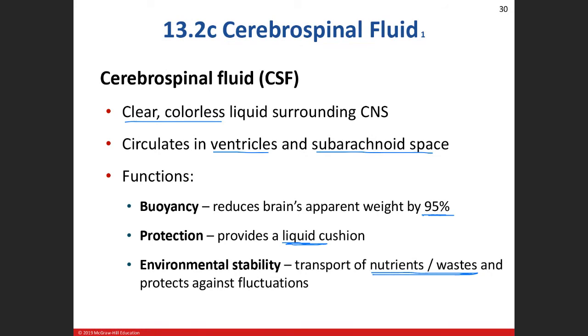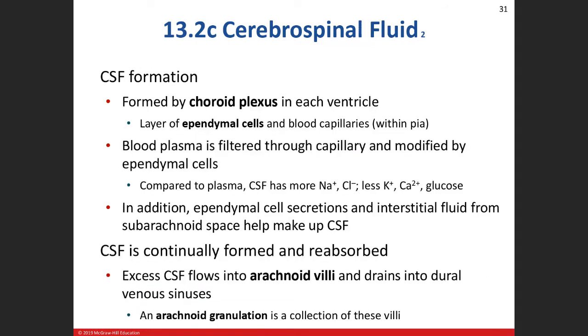So proteins play a huge role in a lot of things. A lot of synthesis of enzymes, of secretions, of hormones. So regardless, when we talk about the environmental stability, it helps protect against those fluctuations in certain chemical environments there.